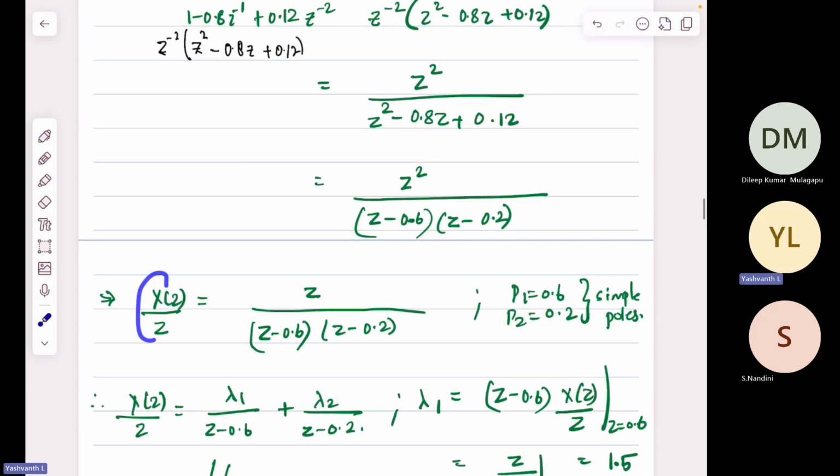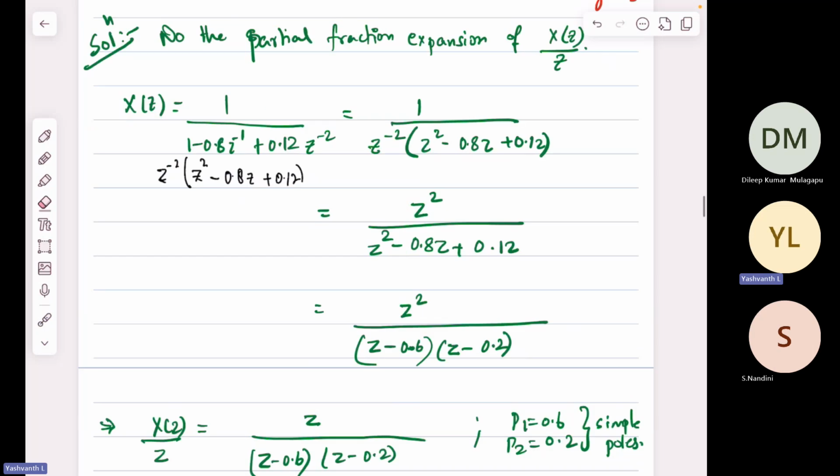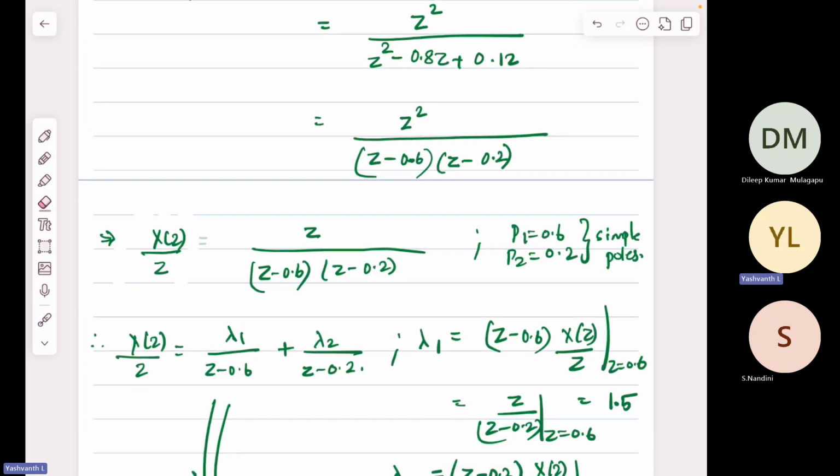I need the partial fraction for X(z)/z, so I divide by z on both sides, and then X(z)/z equals z / ((z - 0.6)(z - 0.2)).